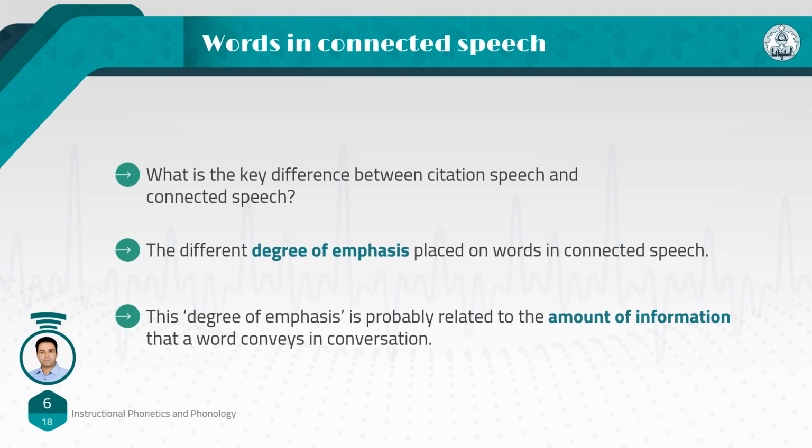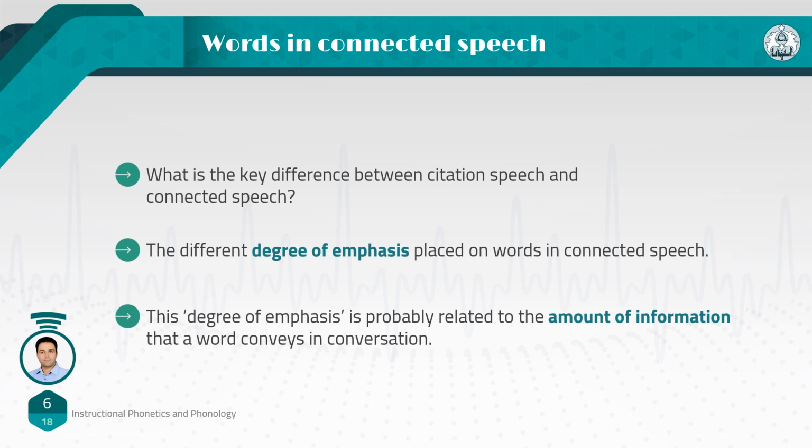For example, repetitions such as the second opposite in the previous slide are always reduced compared to the first mention of the word. But here we will focus on the phonetics of reduction, not its semantics. So the answer to this question is degree of emphasis.